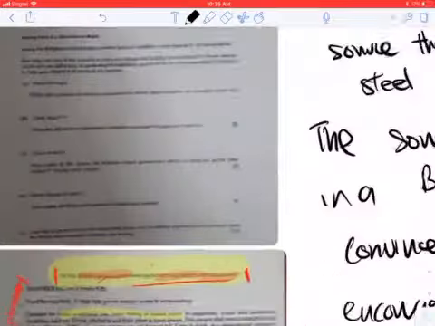Okay, example number 3, you see here, how useful is this source as evidence about the government's efforts to help the British steel industry? So they're asking you about government's efforts to help the British steel industry. Is it enough or not? Or you must specifically state, is it enough or not?